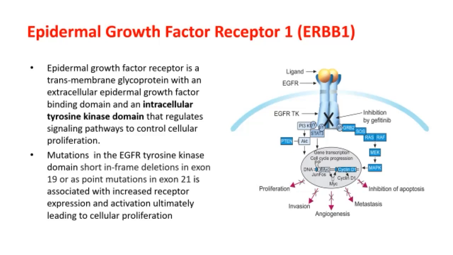As told, usually the growth factor receptor is under control, but due to mutation in the tyrosine kinase domain, the intrinsic control is lost, so it is activated all the time. One example is EGFR tyrosine kinase mutation: in-frame mutations of exon 19 or point mutation in exon 21 of the EGFR gene, the gene that encodes the epidermal growth factor receptor.